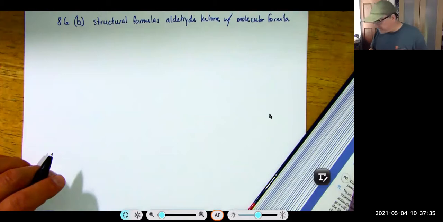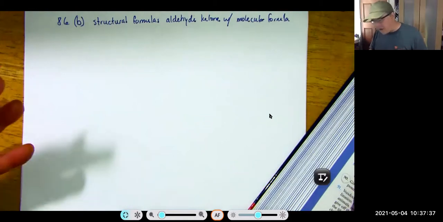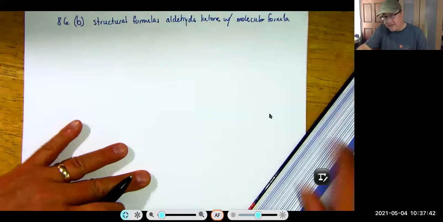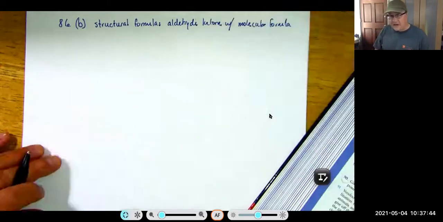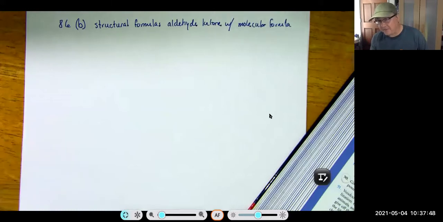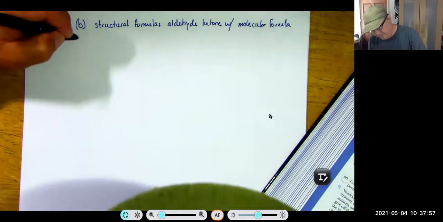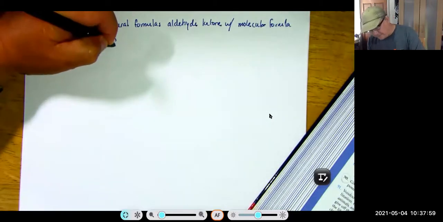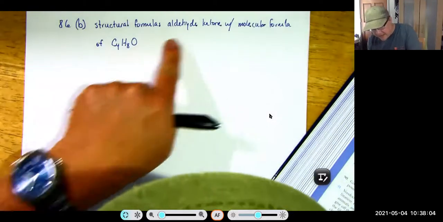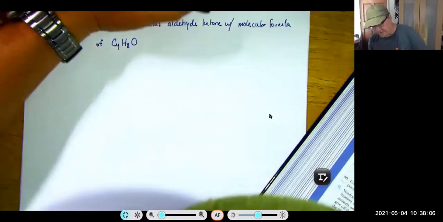One of each, because for an aldehyde you need a carbon double bonded to an oxygen, and for a ketone you need a carbon double bonded to an oxygen. That would be two oxygens if both were in the same molecule, but the formula they give us only has one oxygen. So by default, this has to be the formula for the aldehyde and the formula for the ketone.